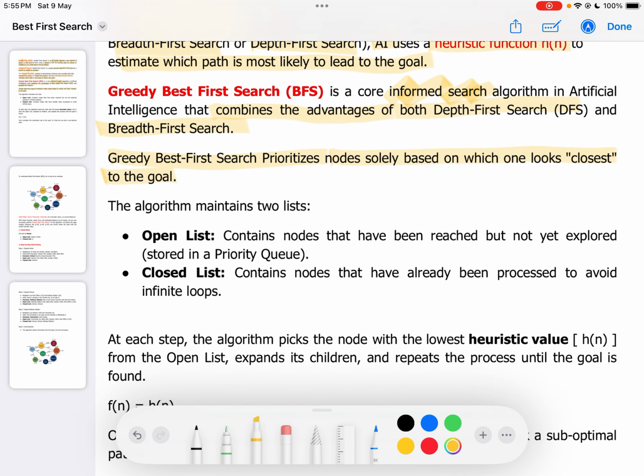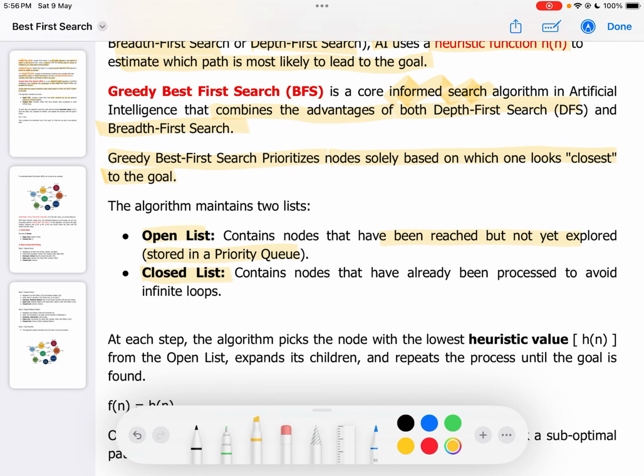Okay, now let's get into the two lists that are there in this BFS. One is an open list and second is a closed list. The open list holds nodes that have been reached but not yet processed. Second is the closed list.